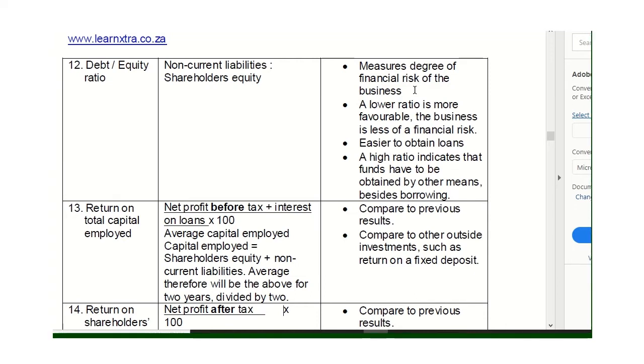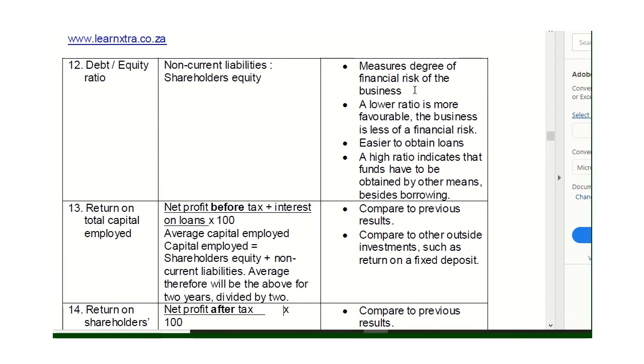So the more loans I've got, the more risk I'll have, because if I can't pay it, they can close down the company. So I want this ratio to be as low as possible. The non-current liabilities must be a very low percentage in comparison to the equity. And with that, I will then measure the degree of risk of the business.